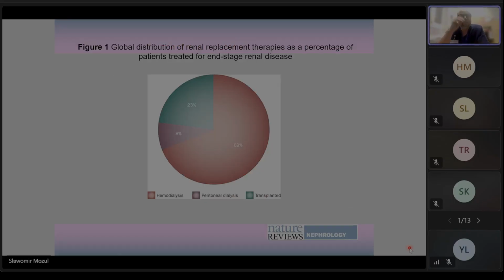This slide shows that hemodialysis is the method commonly used worldwide, followed by kidney transplantation, while peritoneal dialysis is used the least frequently.